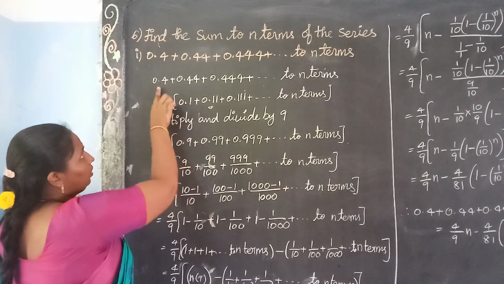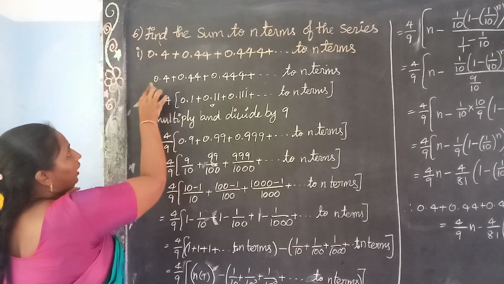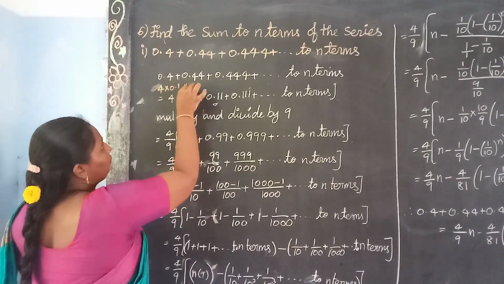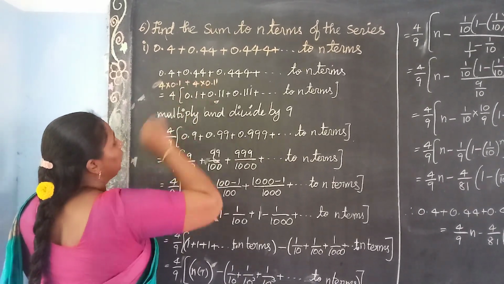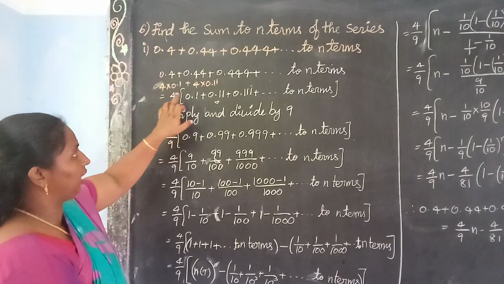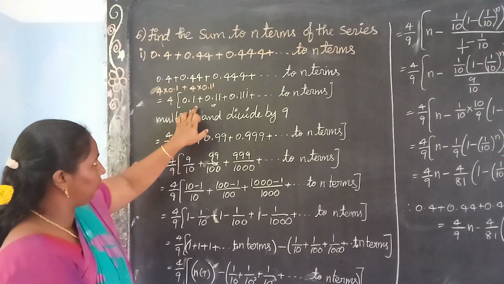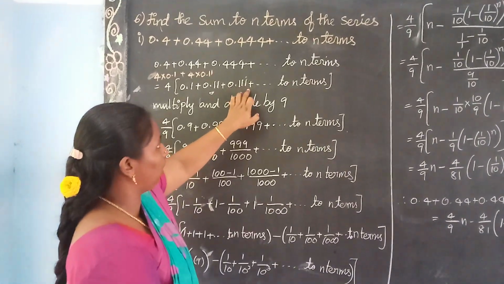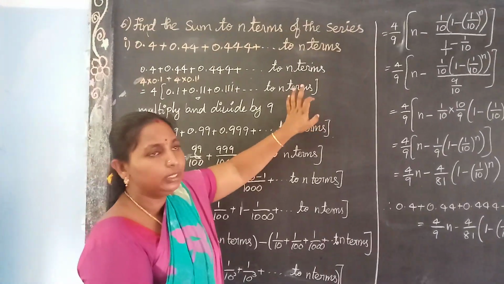If you take 4, 0.4 can be written as 4 into 0.1, this term as 4 into 0.11, like that. So if you take 4 as common, you will get 0.1 plus 0.11 plus 0.111 plus and so on to n terms.